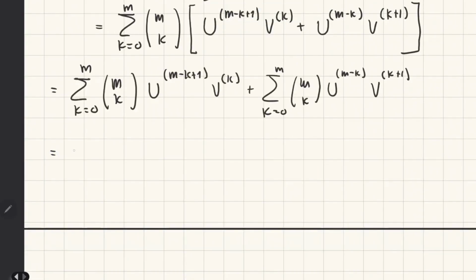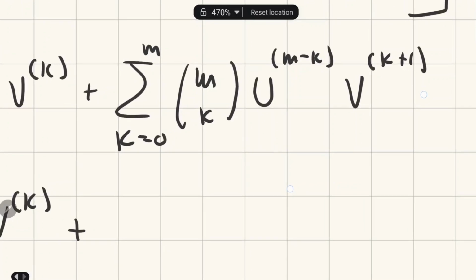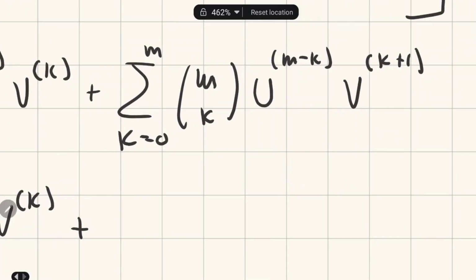So we will get that this is equal to the sum from k equals 0 up to m of m choose k, u to the m minus k plus 1, v to the k, plus, and what we are going to do here is that you know that you can reorder the indices of a sum, right? Recall that we need to generate an m plus 1 everywhere there's an m. So we will be interested in getting the upper index here to be m plus 1, right?